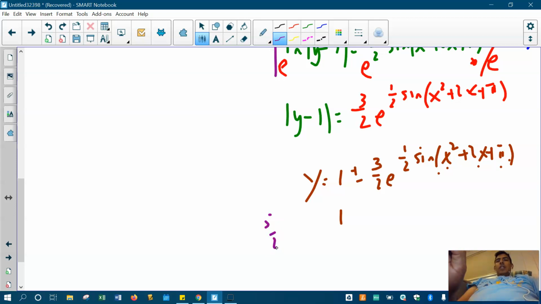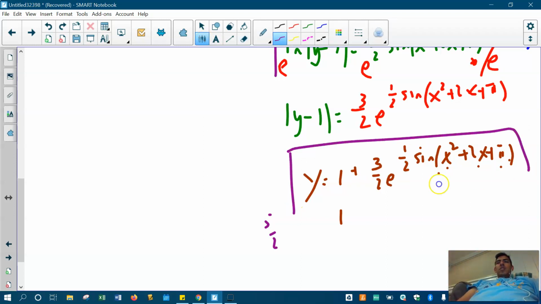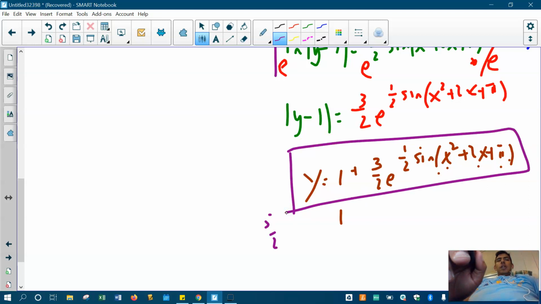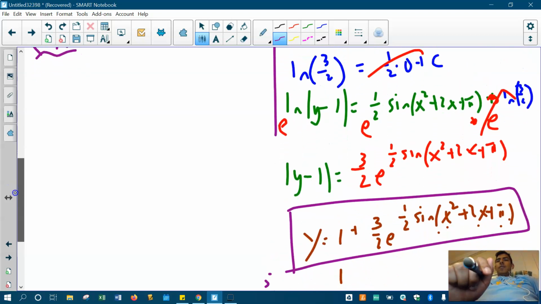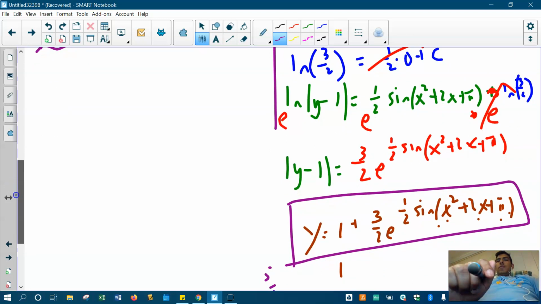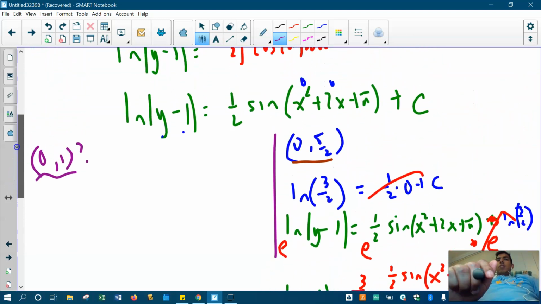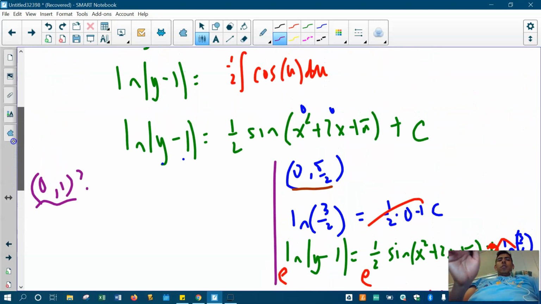The way I would get that is I need a positive. So my answer is 1 plus. If you weren't sure what I did there, I plugged in my initial condition again to check which sign I needed. And I needed the positive version of the absolute value, not the negative value. That's my answer.